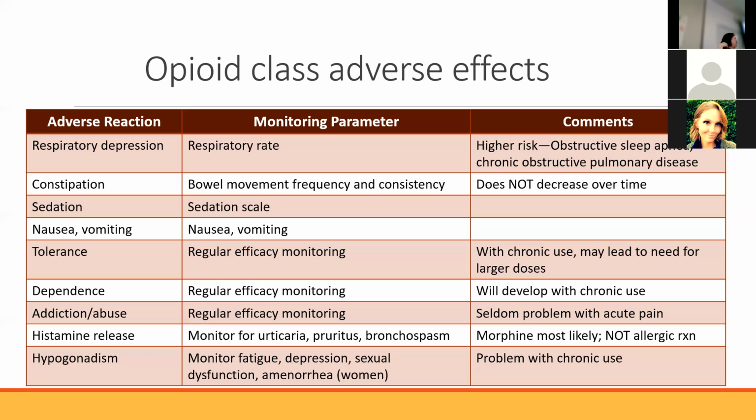Typically, it's not going to be an anaphylactic type reaction. Usually it's more itching, a rash or hives, but there is the potential for some bronchospasm. And then chronic use, potentially hypogonadism, so depression, sexual dysfunction, potentially amenorrhea.